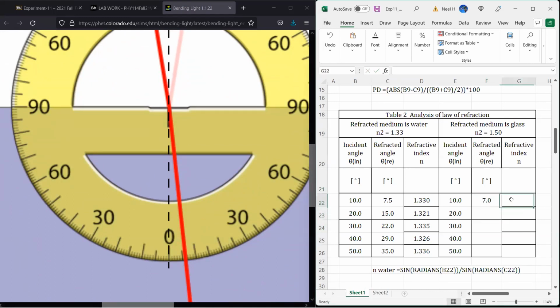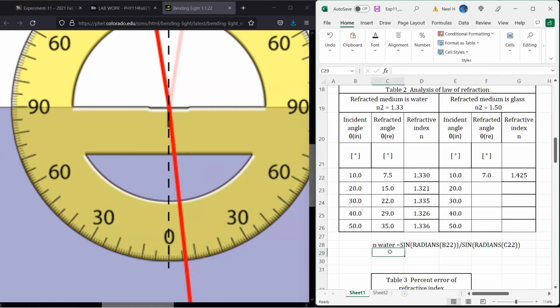And then you do again the sine command and the radian command inside that, then the incident angle E22, close double brackets, divide by sine command and the radian command inside that, which is the refracted angle F22, close double brackets, hit enter. 1.425. That's because of our reading error. If we can read more accurately, then we will get a better answer. Okay, this is for the glass.